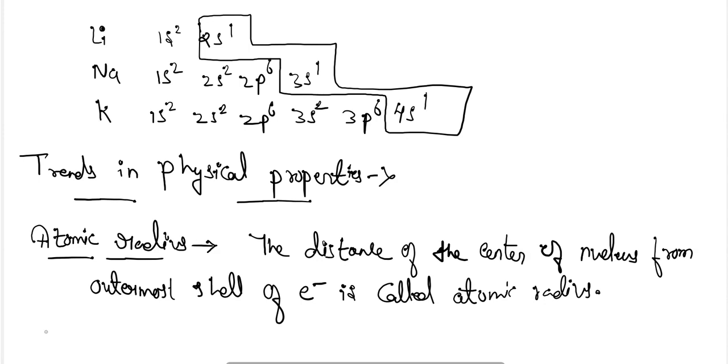Generally, the size of an atom is approximately 1.2 Angstrom. That is, 1 Angstrom means 10 to the power minus 10 meters. So 1.2 Angstrom can be written as 1.2 into 10 to the power minus 10 meters.